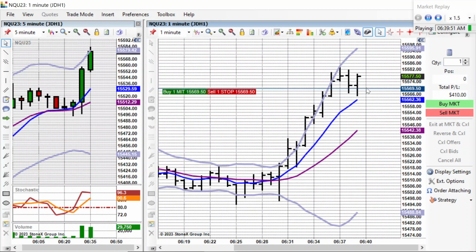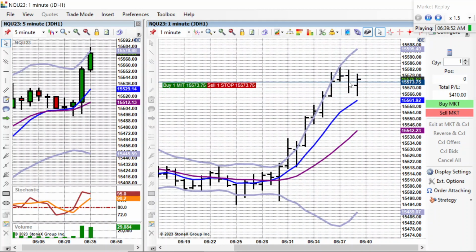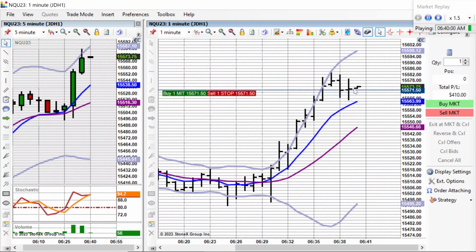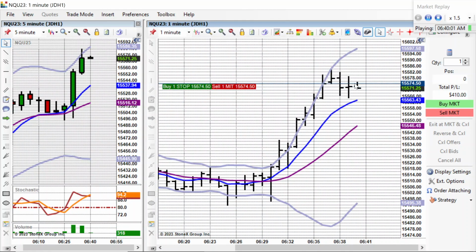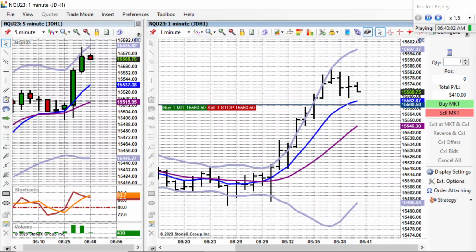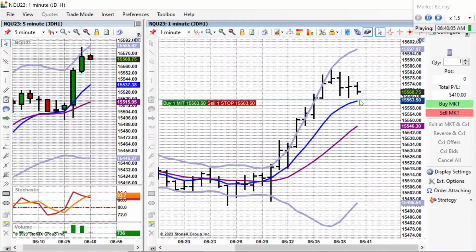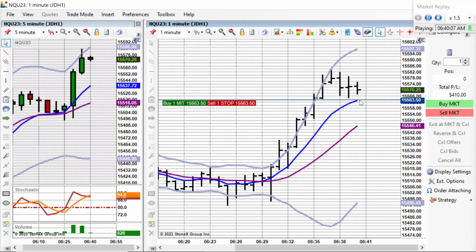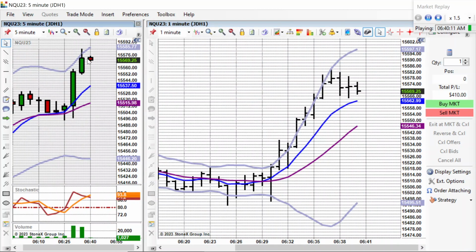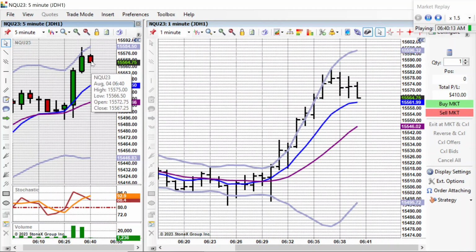And this entry point right here, which is at the low of the previous bar, or the close of the previous bar that closed low, that would be my normal entry point, but it's too far away from this 8 exponential moving average line for comfort, and it's starting to bend inward. So these are kind of the subtle cues. We're also getting a little bit of a red candle here on the 5-minute side. See how it's starting to bend inward?